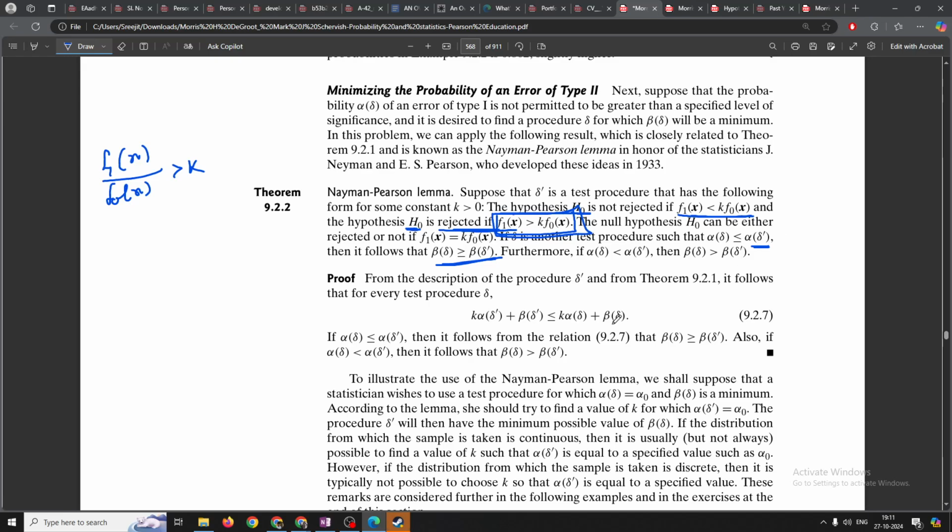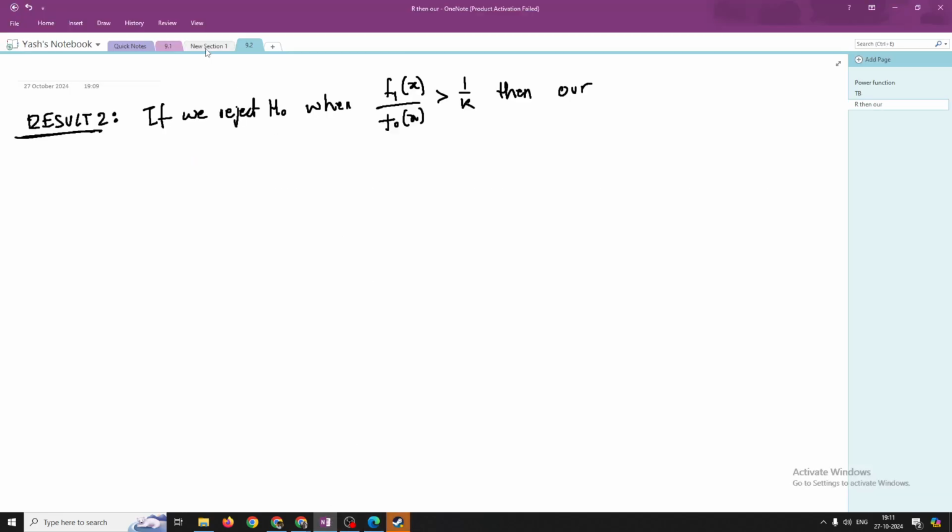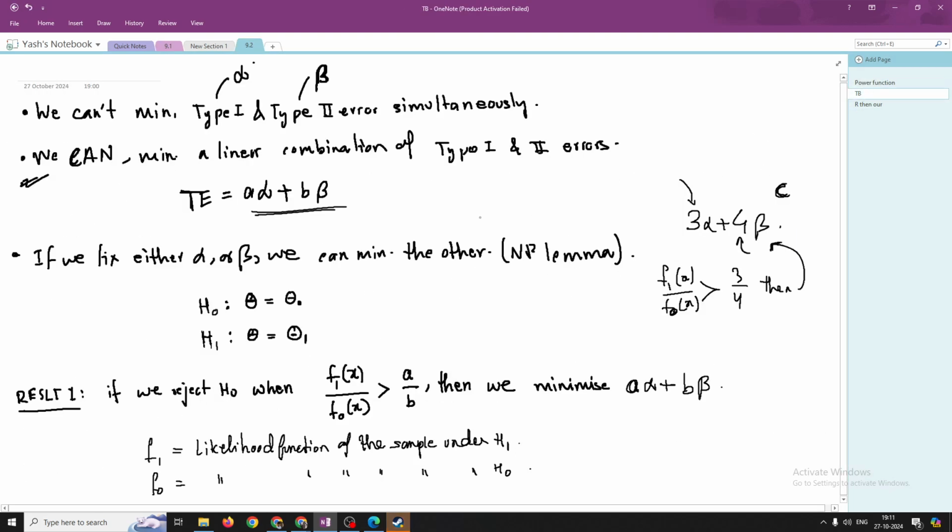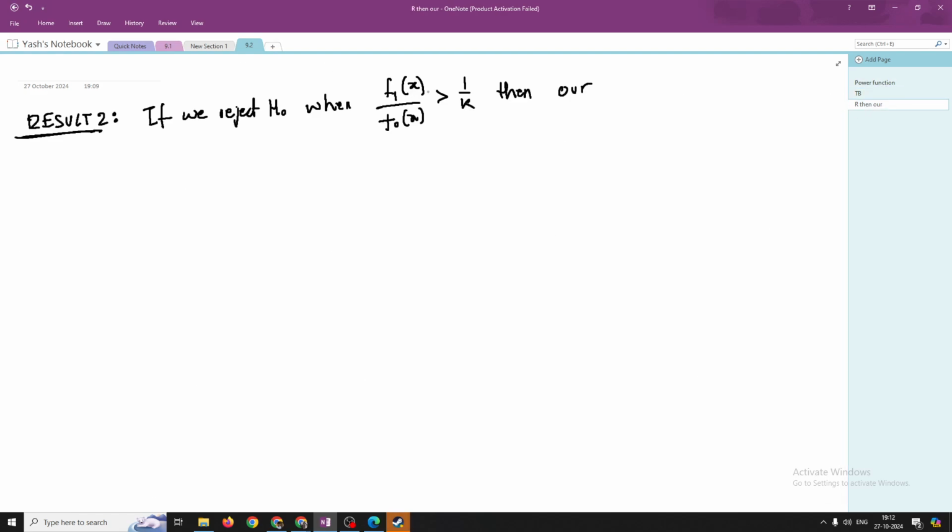So in some sense this is a specific case of your first result, right? There we said that if we do this then this is minimized. Here we are saying that if you fix your type 1 error, and then follow this rule, then the only way you could do better in minimizing your type 1 error is if you compensate for it in terms of your type 2 error.